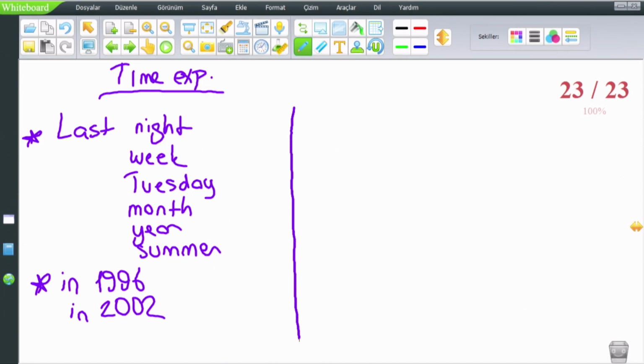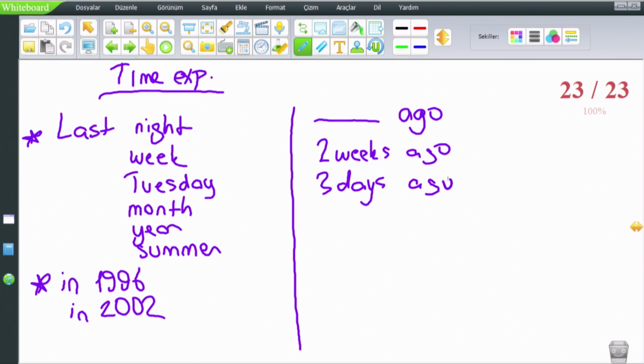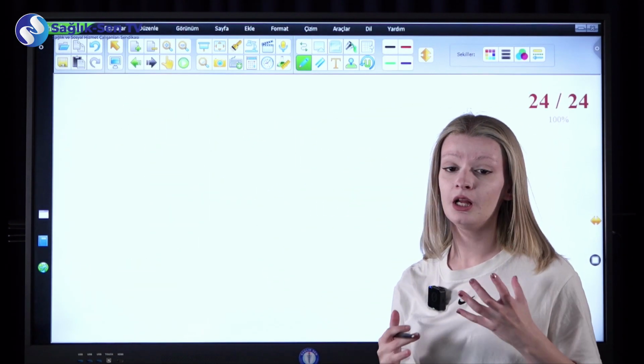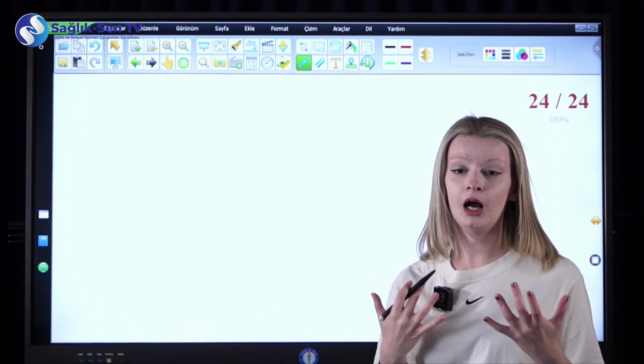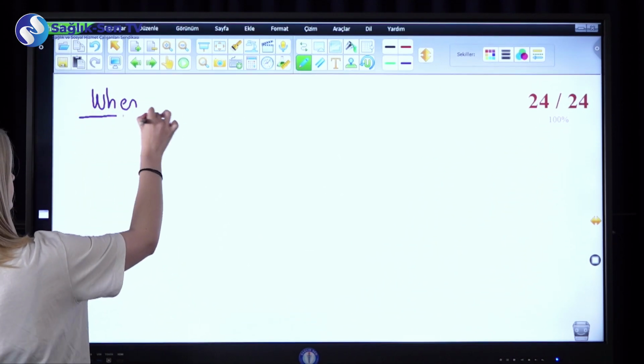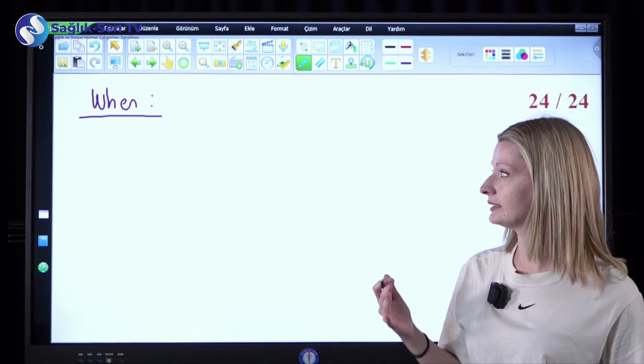We also have ago. For example, 2 weeks ago, 3 days ago, 5 years ago. Or I want to give a period of time. For example, I want to talk about how I was when I was a child. We will use when with past simple a lot.